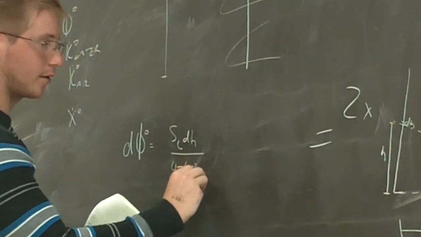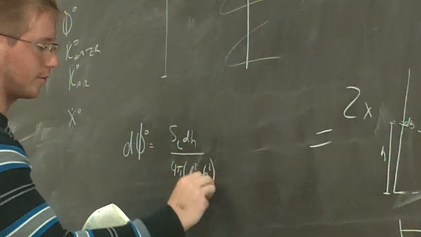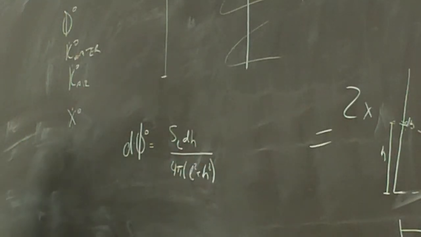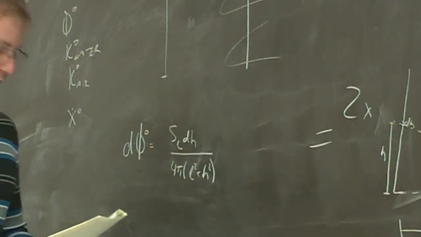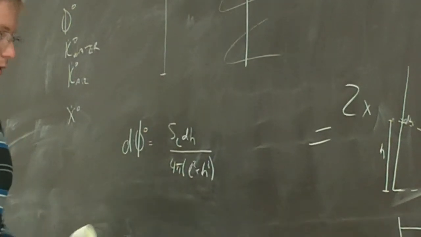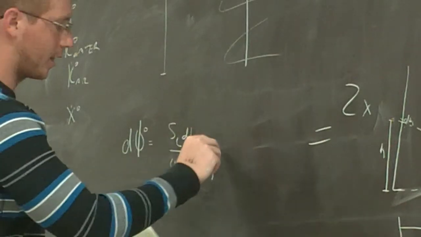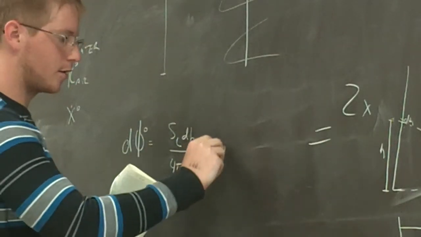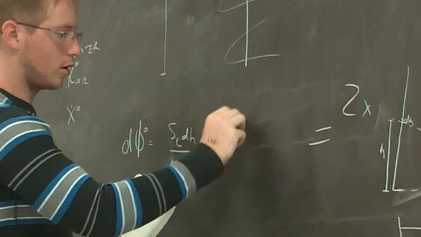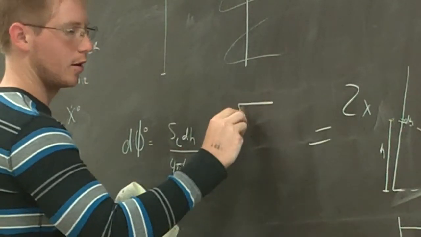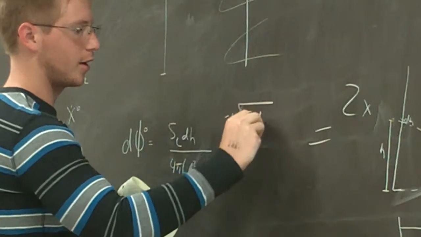Length squared plus h squared is going to equal r squared. Everyone okay with leaving the squared off? So this will be our geometric term, and we'll have our exponential attenuation e to the negative mu r, where r is equal to the square root of h squared plus l squared.